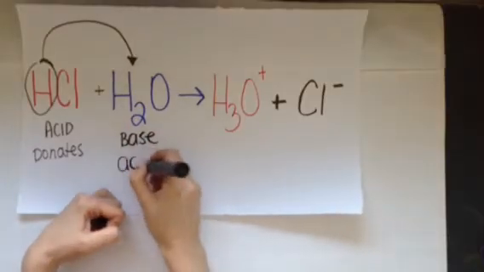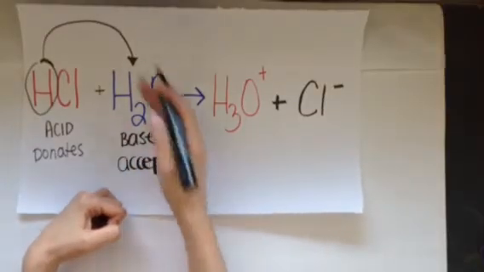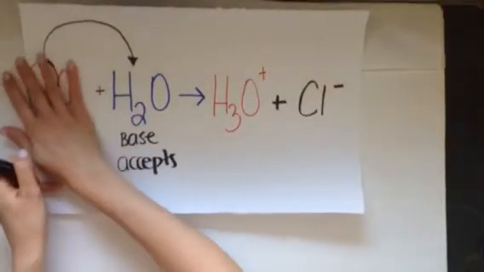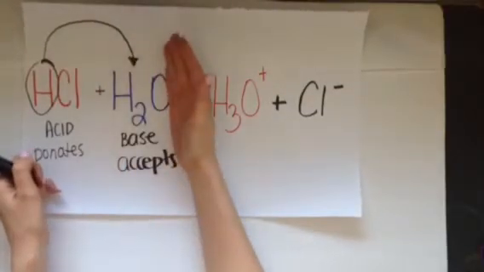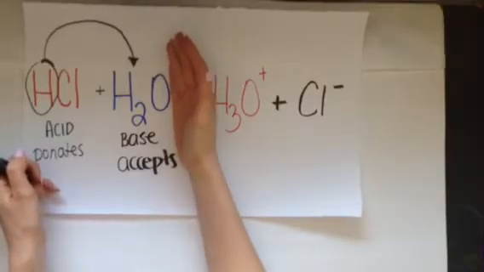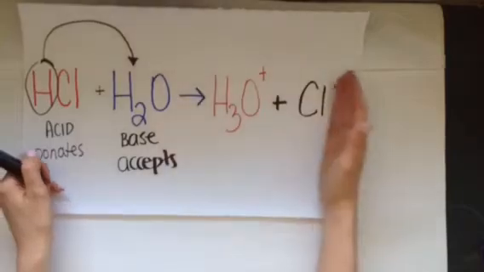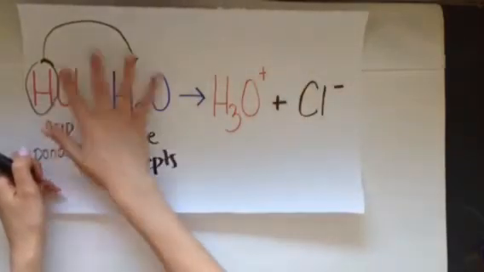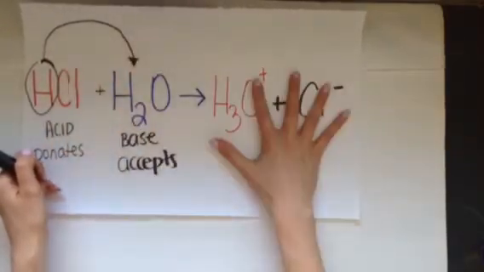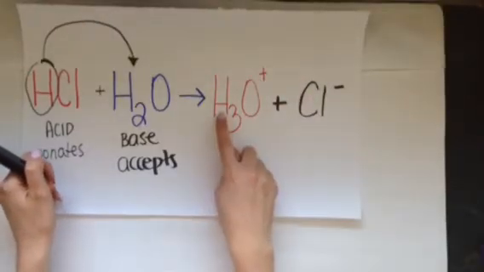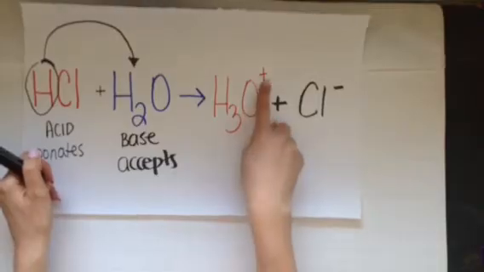So a base accepts. Now, the reason why I know this to be true is because I always look at it like my reactants are the first part of the story. In order to figure out what my reactants are, I look at the final end of the story, which is seen here. And I say, what happened in the beaker? This side tells me what happened in the beaker. This says H2O became H3O+.